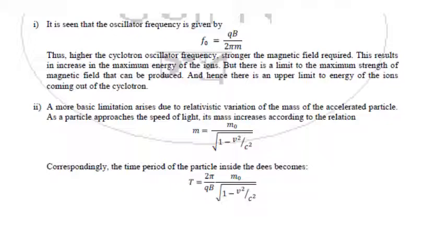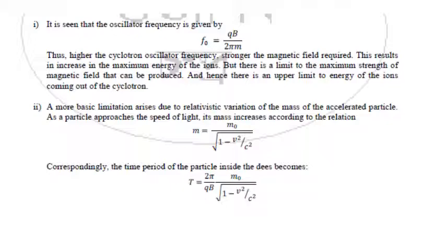If you take this, then the time period of the particle becomes 2 pi m0 upon qB root of 1 minus v square by c square. It means if the velocity increases, the time period will vary.